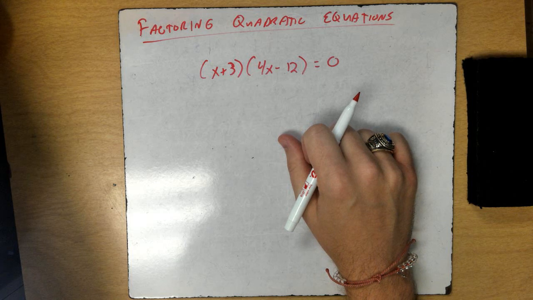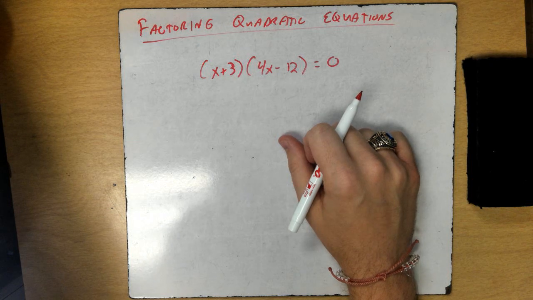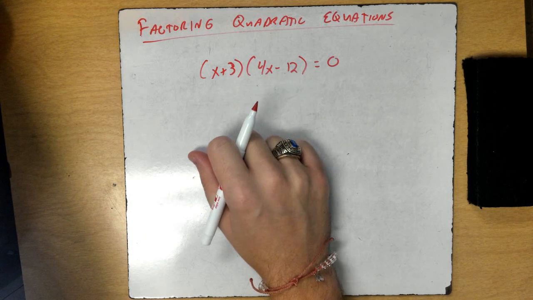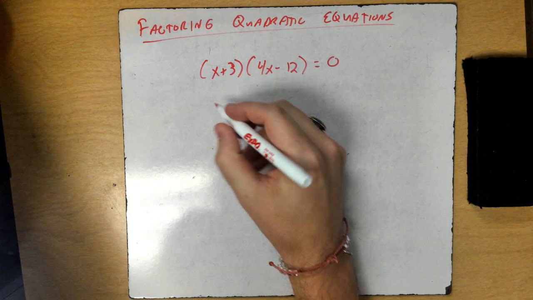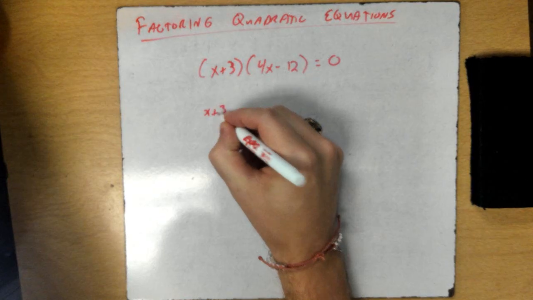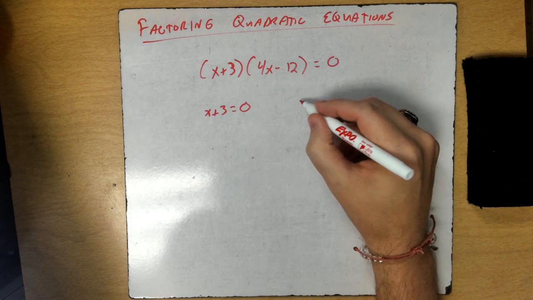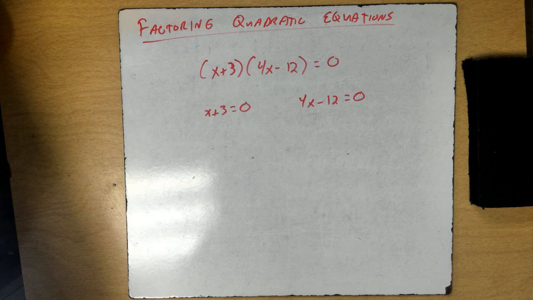So very simply, and this is the base part of it, to figure out how to factor this equation, we need to take both sets of parentheses and set them equal to 0. So we'll take our first, x plus 3 equals 0. And then our second set of parentheses, 4x minus 12 equals 0.